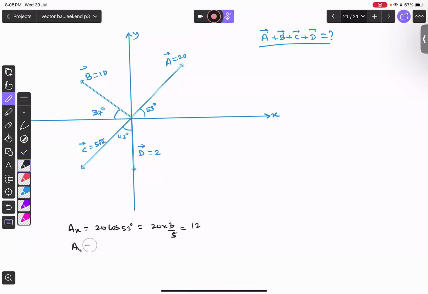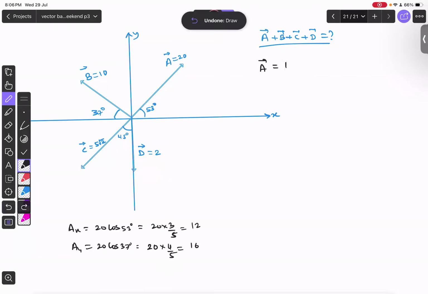His Y component will be 20 cos 37, because the angle he is making with positive Y is 37. So 20 into 4 by 5, that is 16. So vector A is going to be 12 i cap plus 16 j cap.